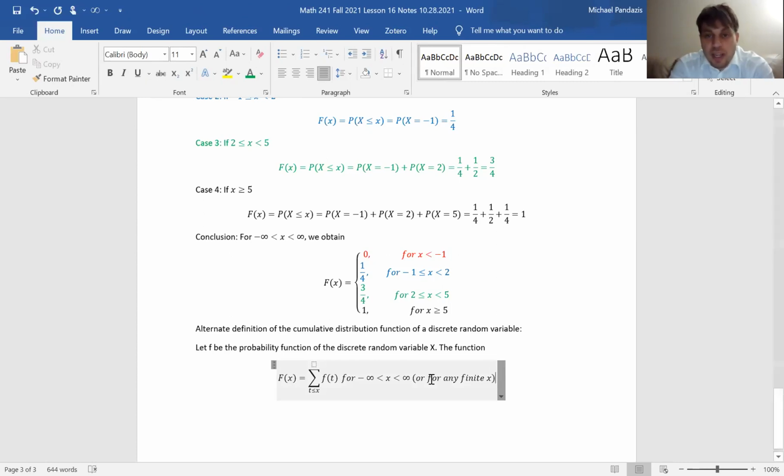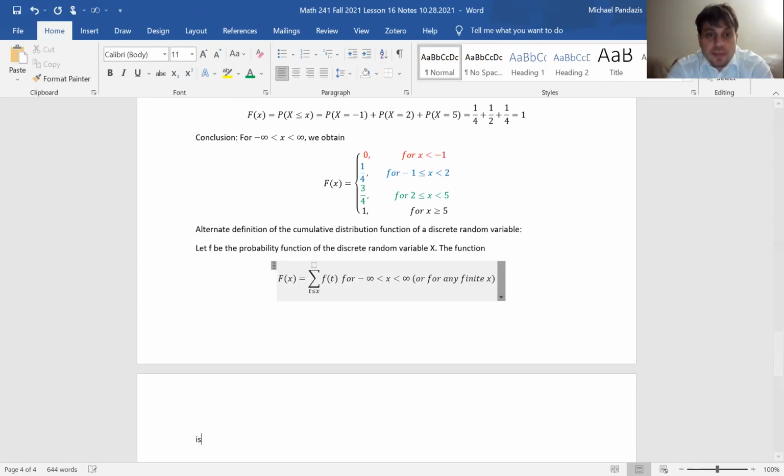That function capital F, defined in that way, is the cumulative distribution function.